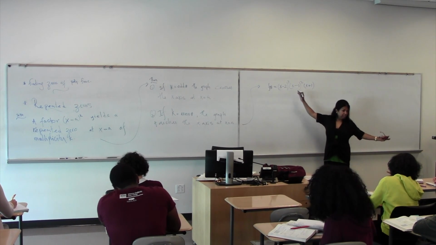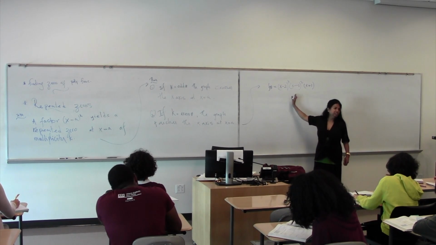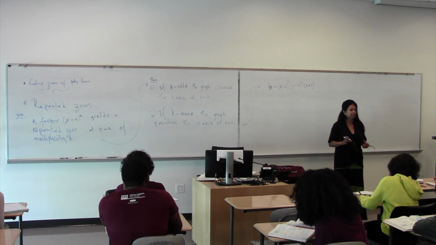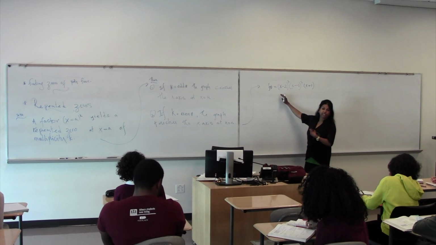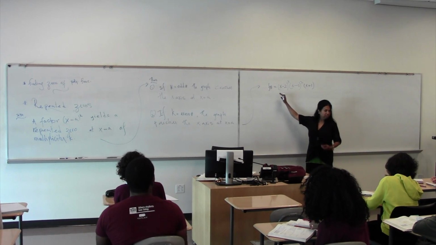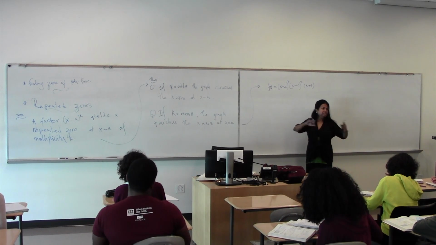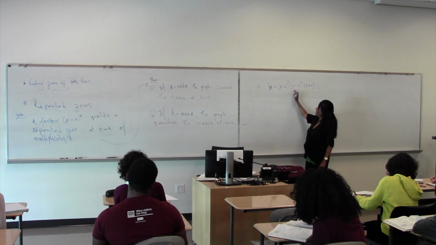You have a higher degree polynomial, we factored it and we got this. This is assuming you know already how to factor. We did an example at the end, the third degree example, not yesterday, Tuesday, right? We factored it and we showed 3 factors.